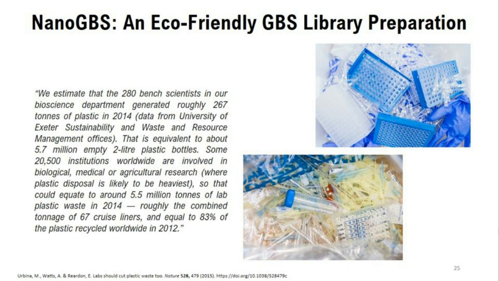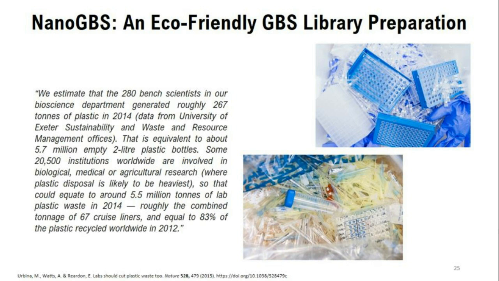Based on different studies, we can say genomics labs and bioscience labs in general are one of the sources of plastic production in the world. So with NanoGBS, we can save and reduce the use of plastic in genomics labs.